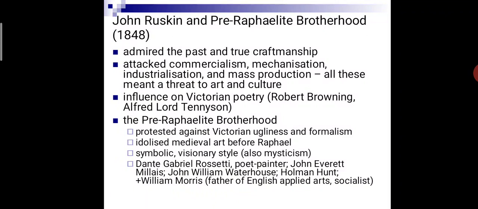So, the Pre-Raphaelite movement tried to show the classical things again in the Victorian age, the idealized medieval art written before Raphael, with the symbolic visionary style used by those writers of the Pre-Raphaelite Brotherhood.